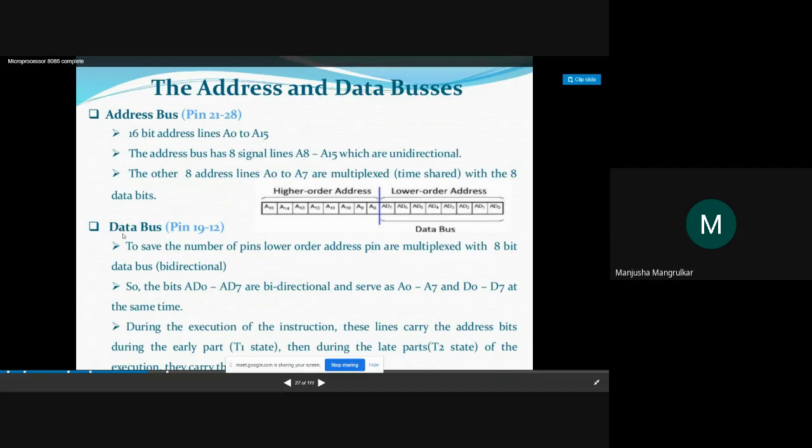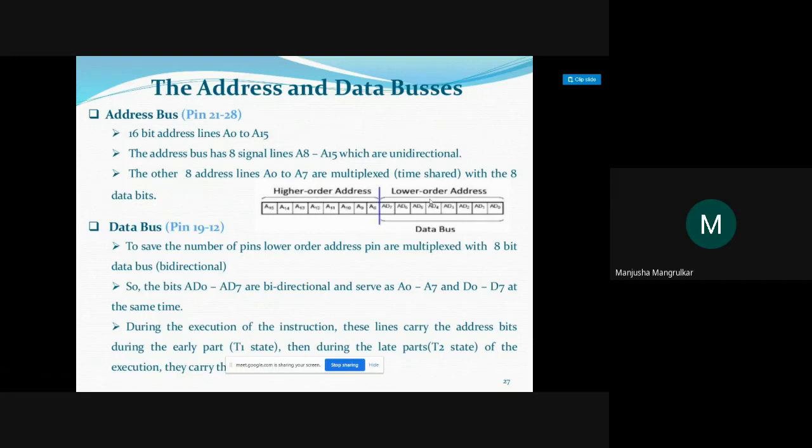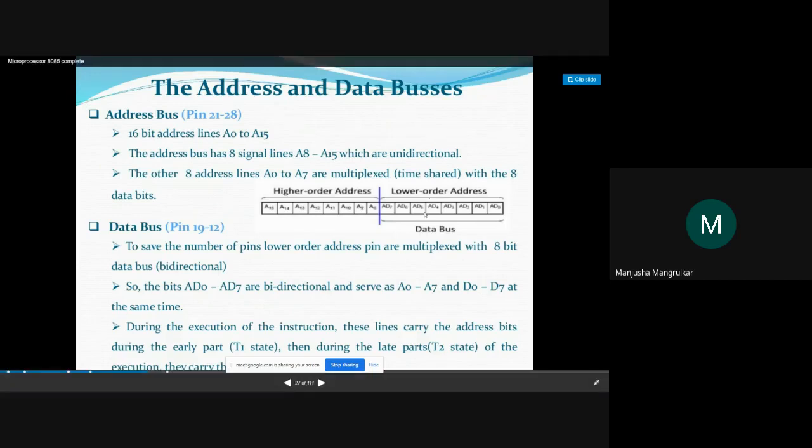The data bus is multiplexed to save the number of pins of the lower address. Why is this multiplexed? Because first we send the address, and then in the second stage we send the data. Otherwise, 8 extra pins would unnecessarily increase in the architecture of the microprocessor. So it is just miniaturization of the IC.